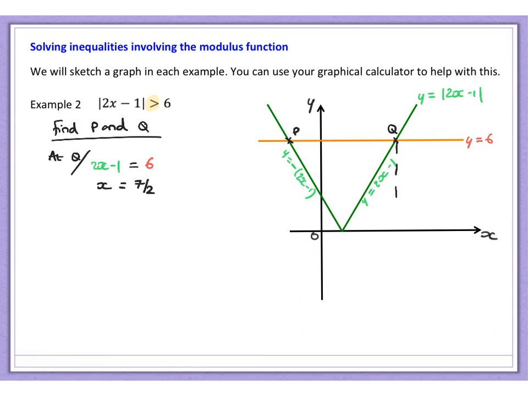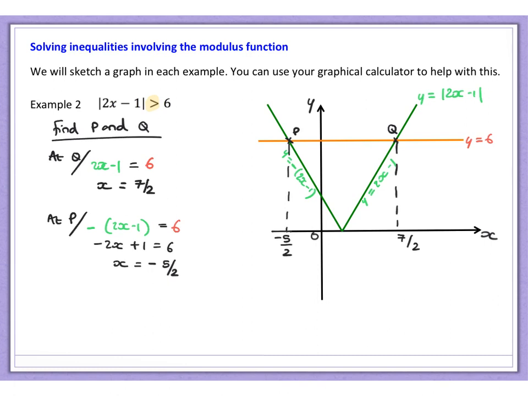So this point here has an x coordinate of 7 over 2. And at point P, we're solving negative bracket 2x minus 1 equals 6. And we can simply rearrange this, so negative 2x plus 1 equals 6. x is equal to negative 5 over 2. So this point here, just about fit it onto the x-axis, has an x coordinate of negative 5 over 2.